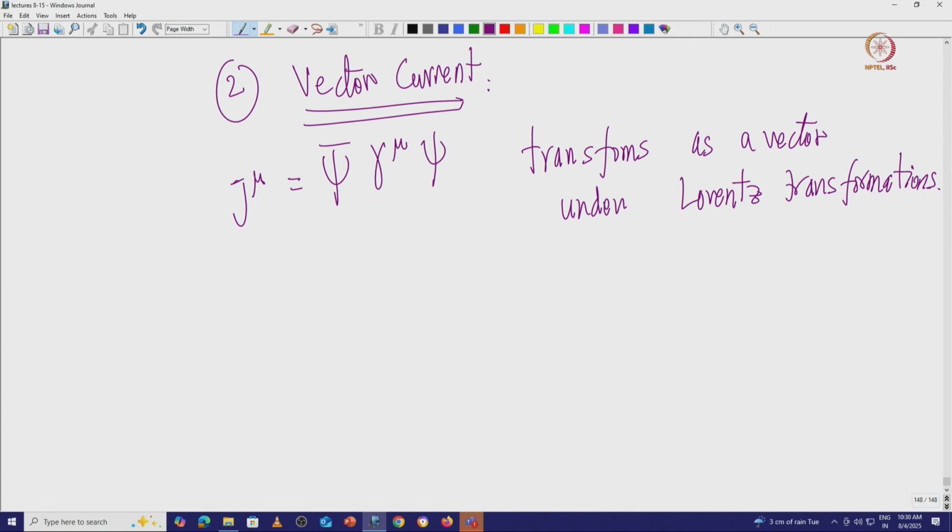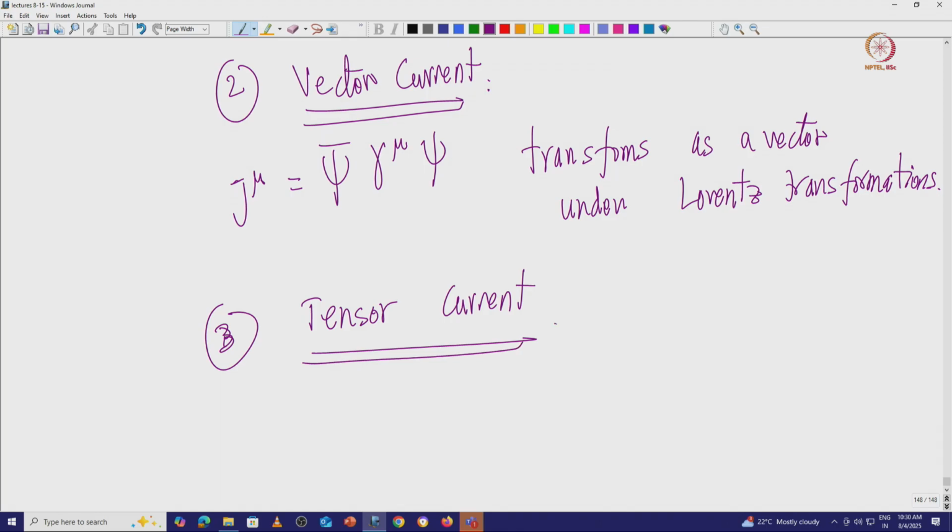Before moving further, I will introduce one more thing called the tensor current. The tensor current transforms as a tensor under Lorentz transformations.